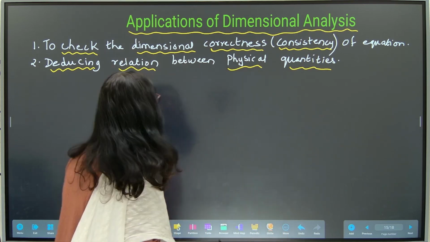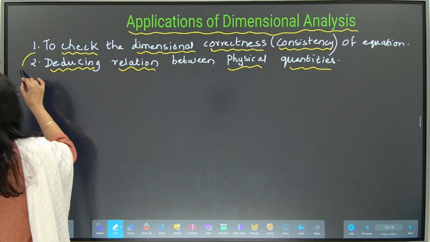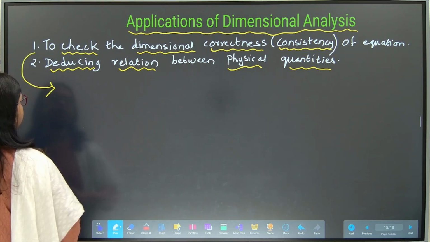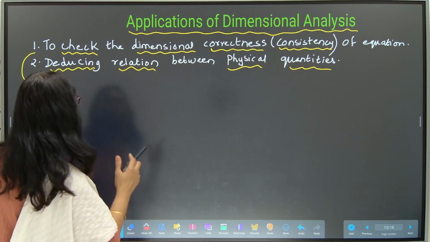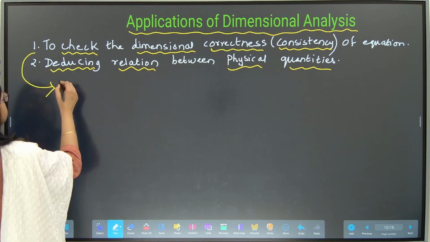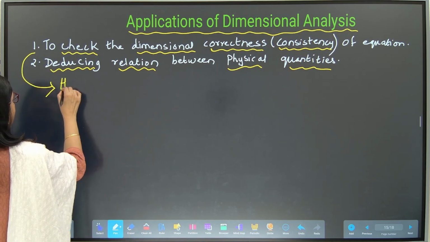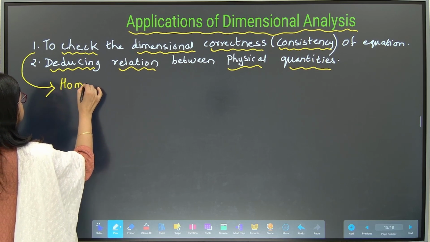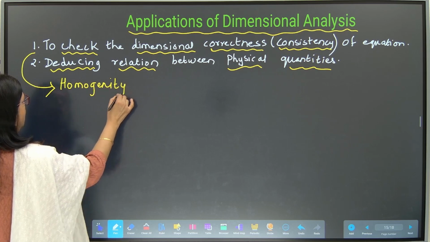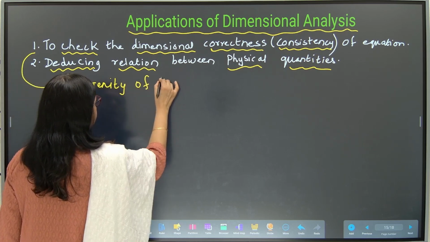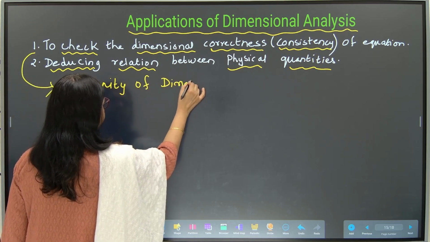Fine? So let us talk about how to check the dimensional correctness of an equation. For that, we use the principle of homogeneity of dimensions.